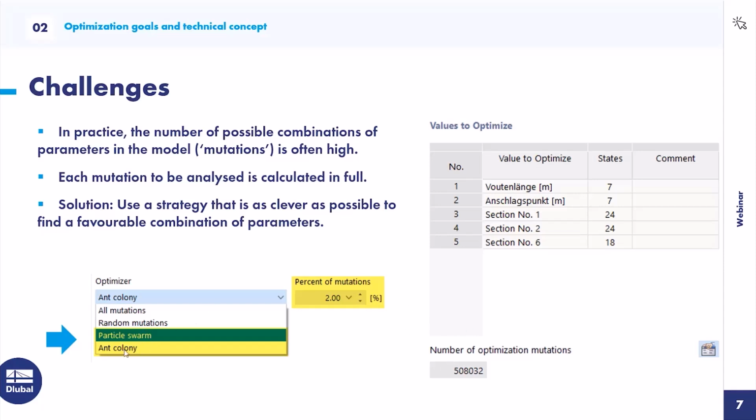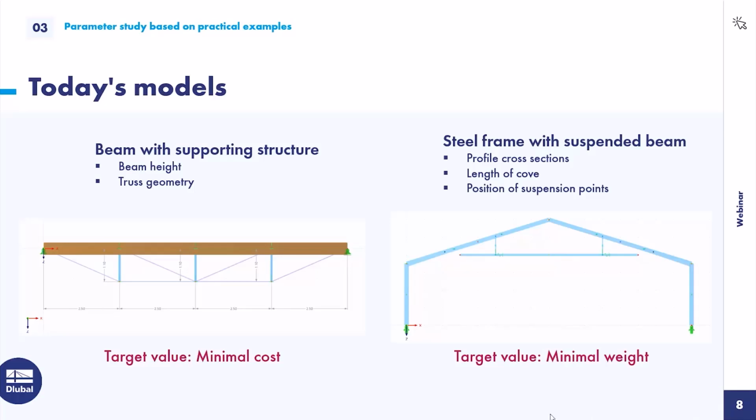Now you can make use of this clever algorithm. It will try to find the best models out of these big mutations by calculating only 1 or 2 or 5% of them. You can choose how many should be calculated, and we will have a look at this in the examples. So this is a big advantage. We make parameter studies based on our global parameters and other optimized values, and use clever algorithms to find the best parameter sets as fast as possible.